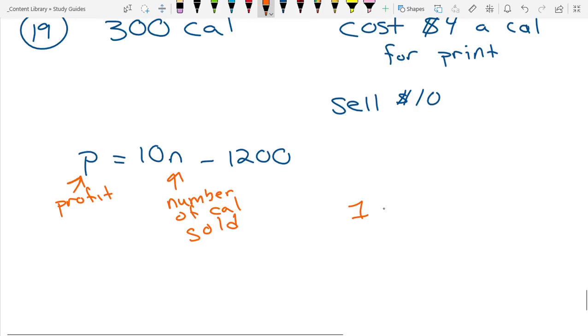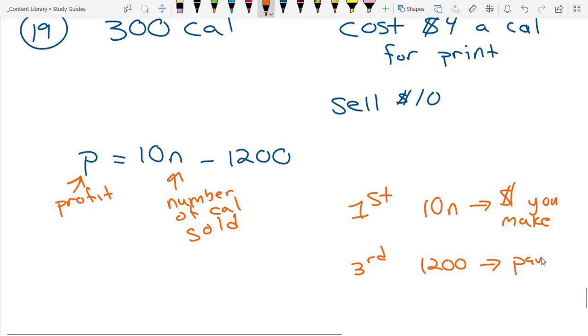Well, the first statement is true because it says 10N represents the money from the calendars, the money you make, which is true because we're going to multiply every calendar by $10 to get our sales. And the third one is also true because it says 1200 represents your payment of the calendars, payment for getting the calendars.